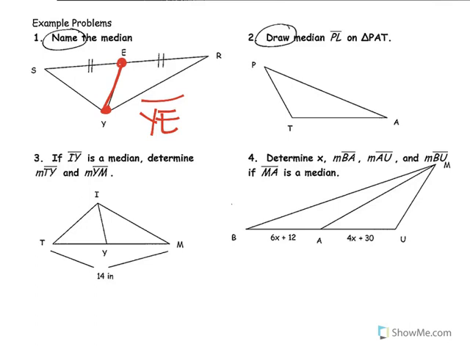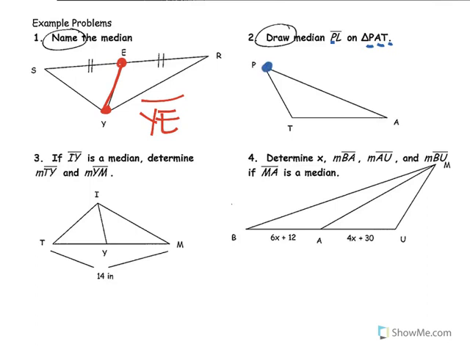Okay? Similarly, I can ask you to draw a median in example 2. Now notice it says draw the median PL. It doesn't tell me what vertex to start at. However, my only options for vertices are P, A, and T. And if I'm looking at my median PL, I know that P is one of my vertices.